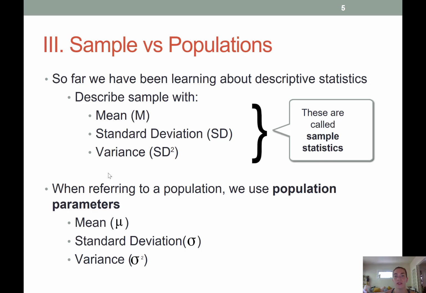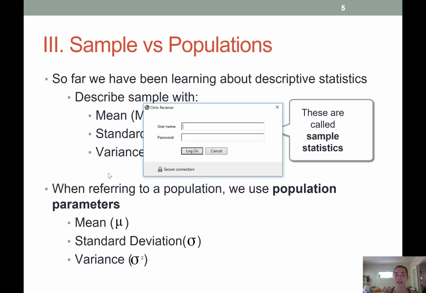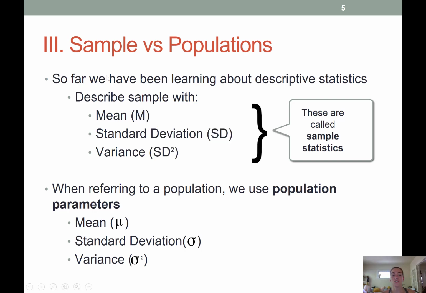And those values that we compute for our sample are called our sample statistics. When we're referring to a population, we could also talk about the population's mean, standard deviation, and variance. So we could also talk about that population having measures of central tendency and measures of variability.